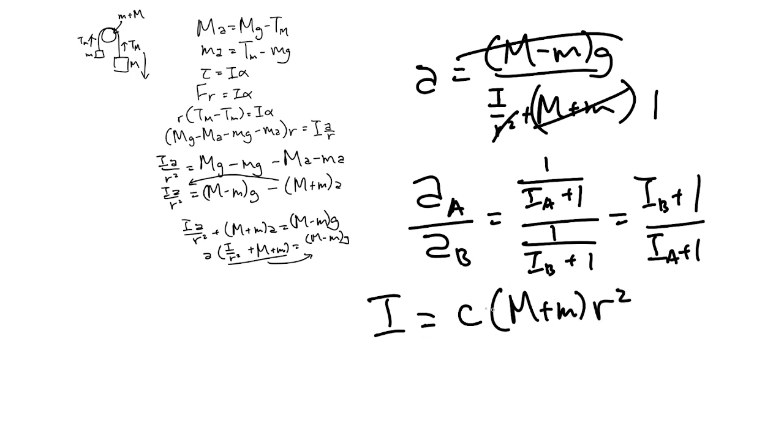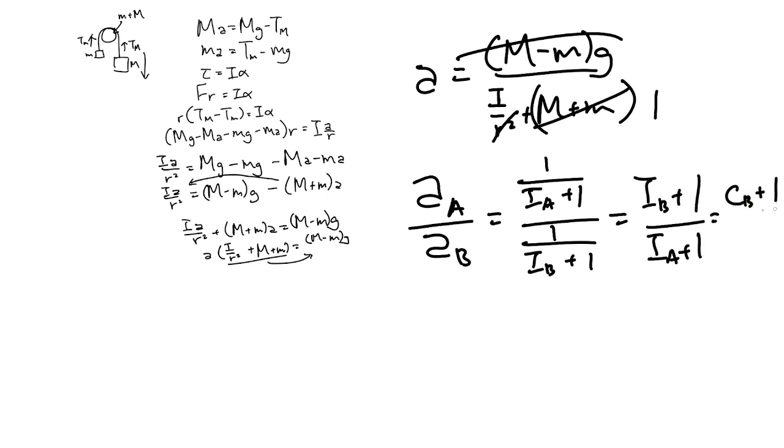So technically, we only need this constant, right? Because the rest is going to be canceled off as well. So let's go back here, and we can just say that this is going to be our constant for b plus 1 over our constant of a plus 1, right? And so let's go back and actually find these constants.